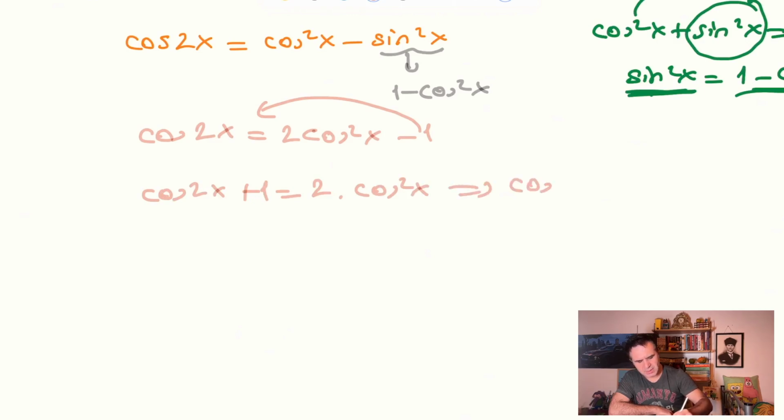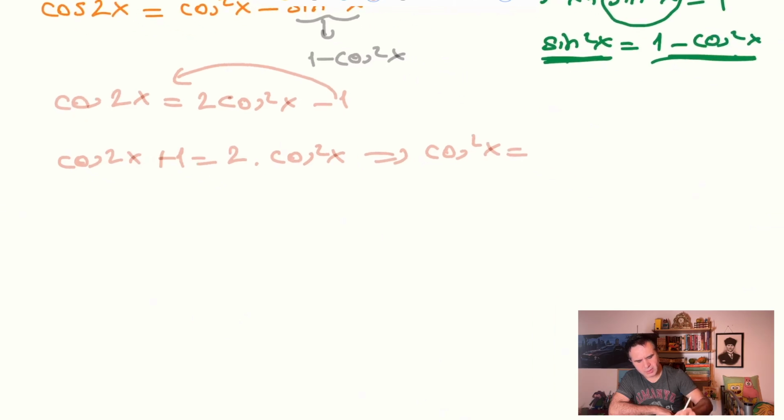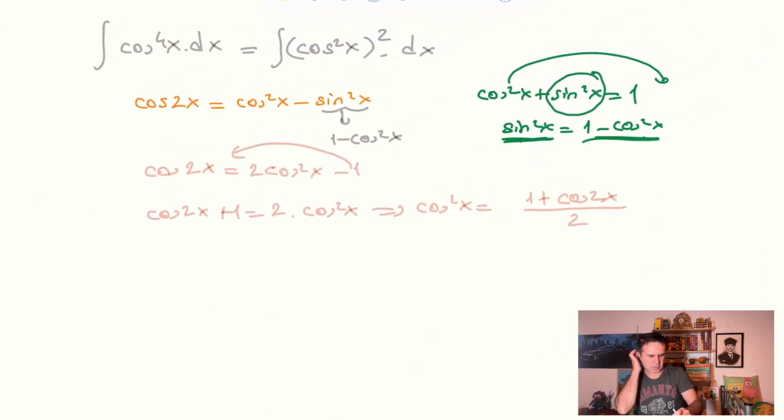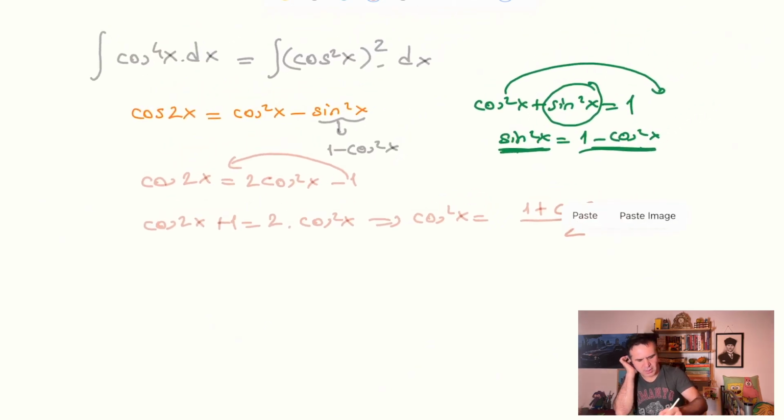Then this means that cosine square of x is equal to (1 plus cosine 2x) over 2. Then here in the integral, for cosine square of x, we will write (1 plus cosine 2x) over 2.